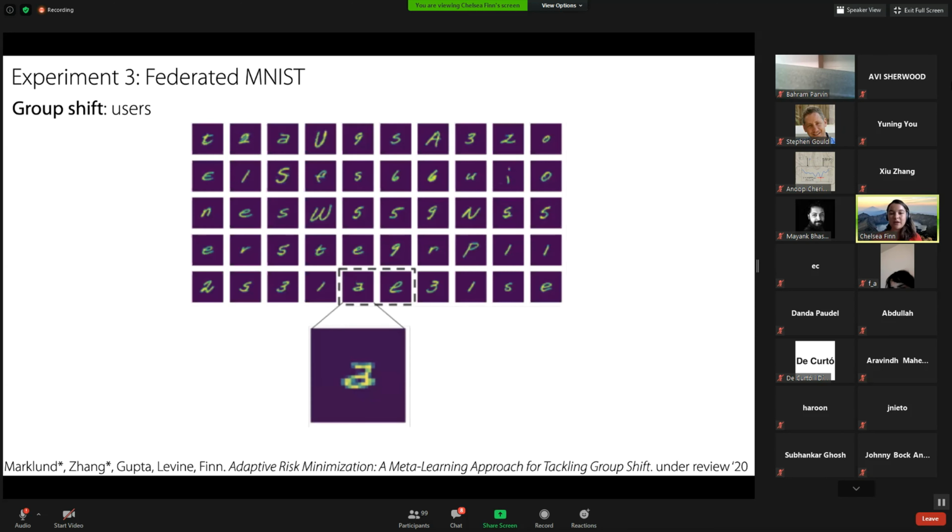However, if we give the context of other digits written by that person, it's a little bit clearer that this is actually a lowercase a rather than a 2. And we find that ERM incorrectly classifies this as a 2, especially because 2s are actually overrepresented in the data set compared to lowercase a's. Adaptive risk minimization, when only given the 2 digits in the dashed black square, also outputs a 2, whereas when given 50 unlabeled images, ARM is able to effectively and correctly classify this as a lowercase a.